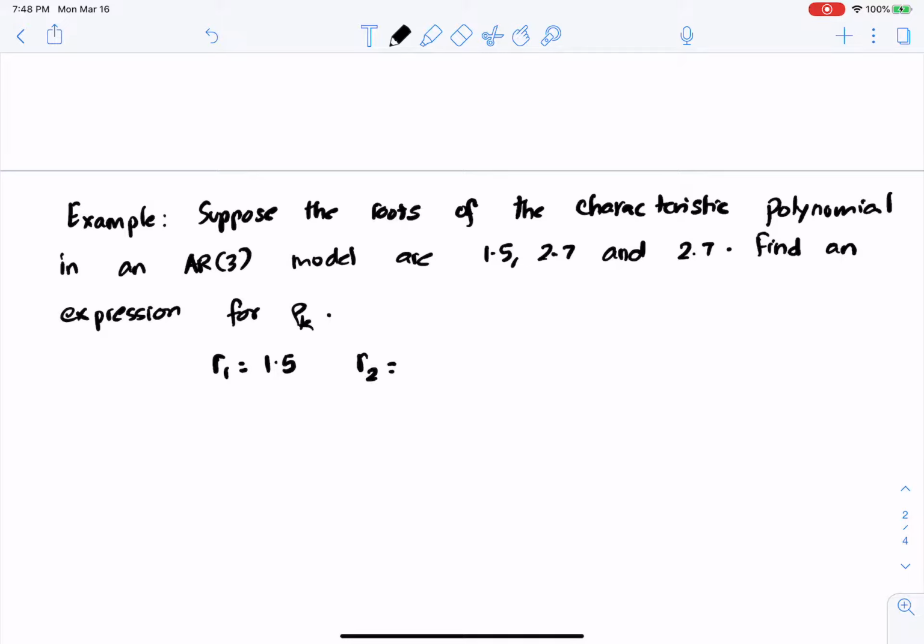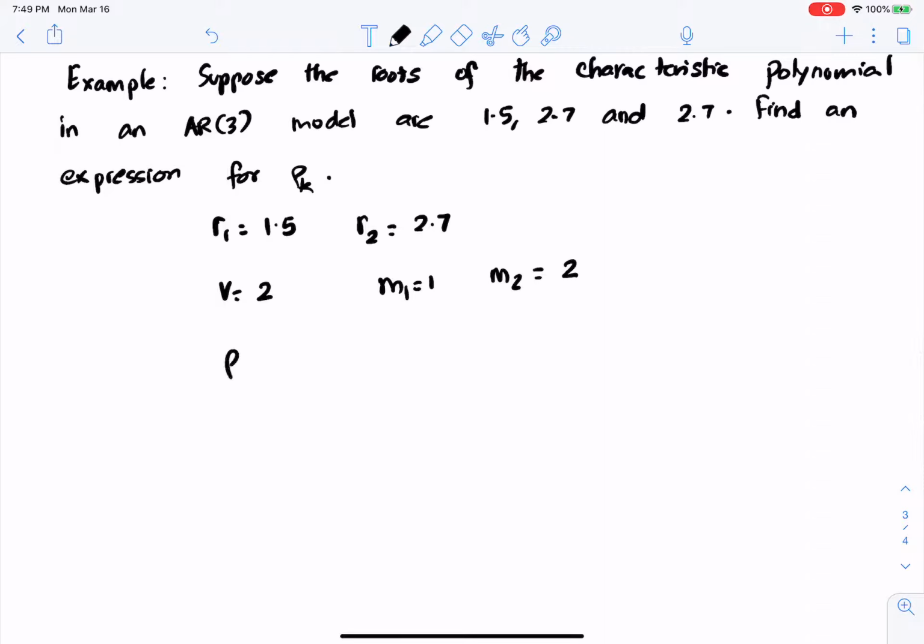The second root is 2.7. But 2.7 repeats twice. In other words, it has a multiplicity of 2. So in total, we end up having 3 roots. V in our case is 2, m1 is 1, and m2 is 2.